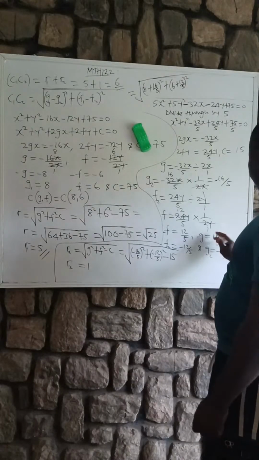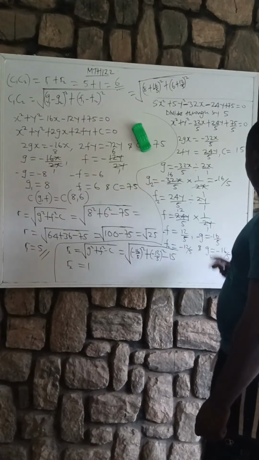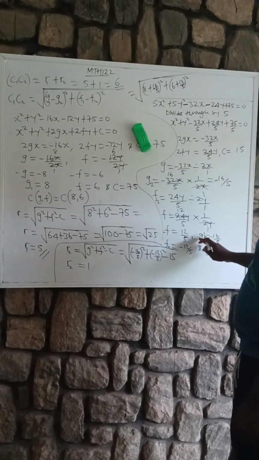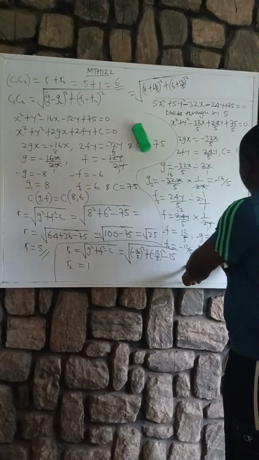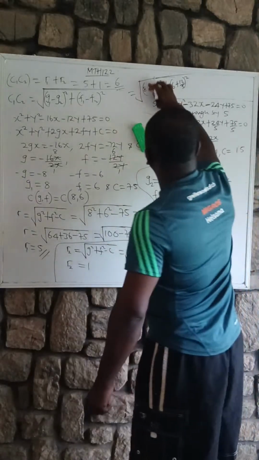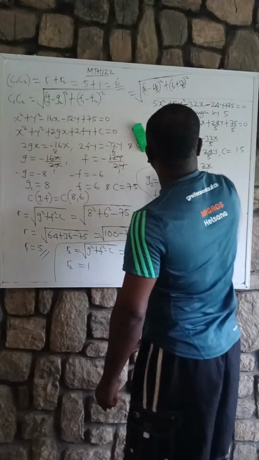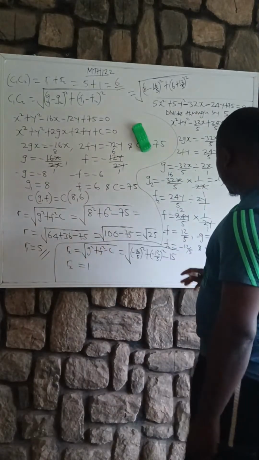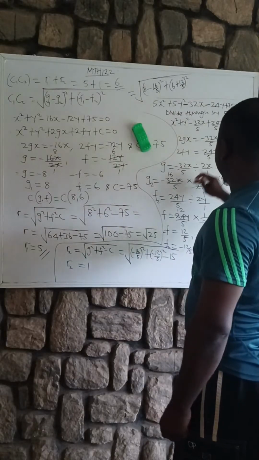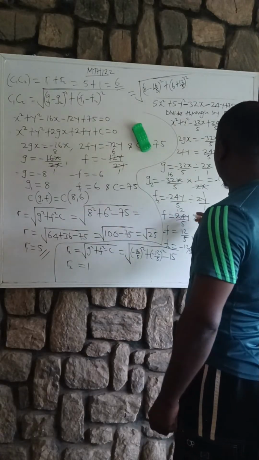Then when the center is negative, negative times negative here is supposed to be plus. So here is supposed to be plus 16. So it will not affect this minus. Then here too, since it is minus 24y, this is what we are supposed to have.